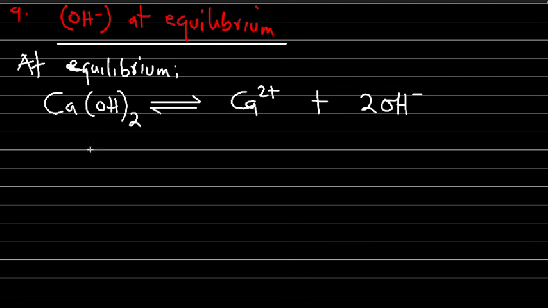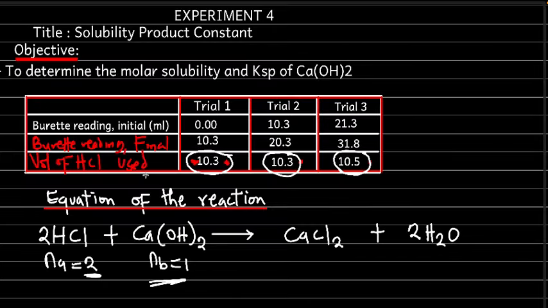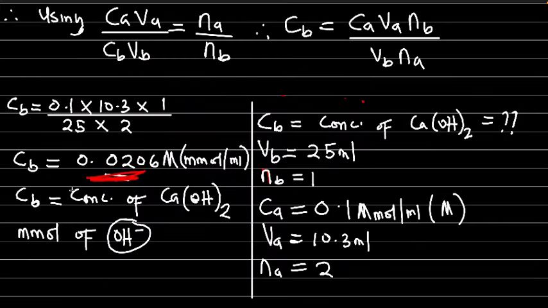Now this is 1 is to 1 is to 1. From this our calculation here, it's not this particular one, from this our calculation, we had gotten the concentration of calcium hydroxide to be 0.0206 mole. This same calculation is what we are going to use to get the concentration of OH.